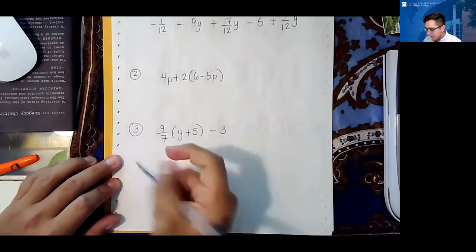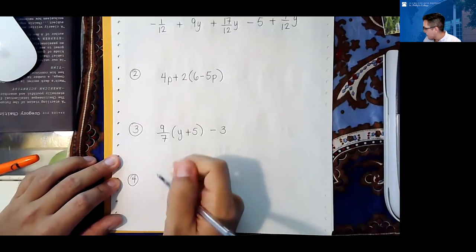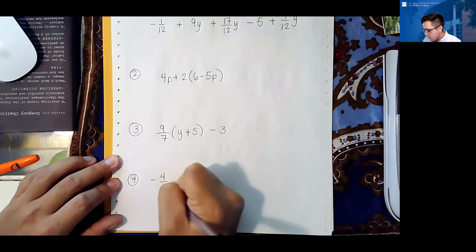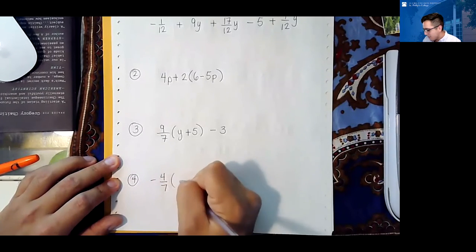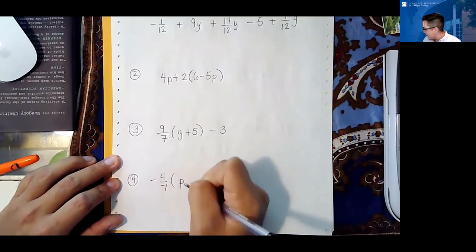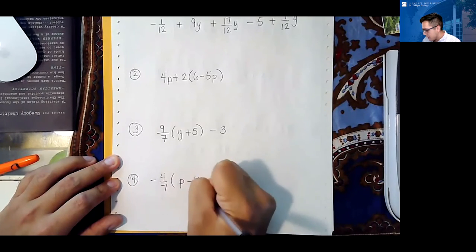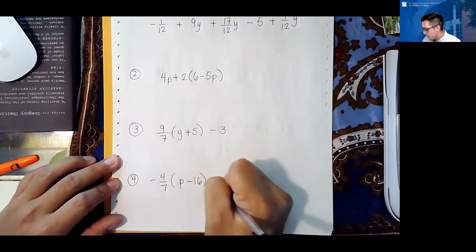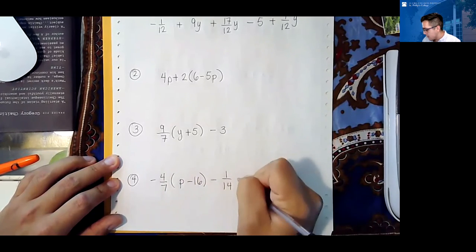And finally, the fourth problem will be -4/7 times, let's go with (p minus 16) minus 1/14p.